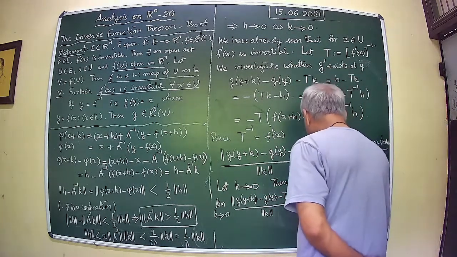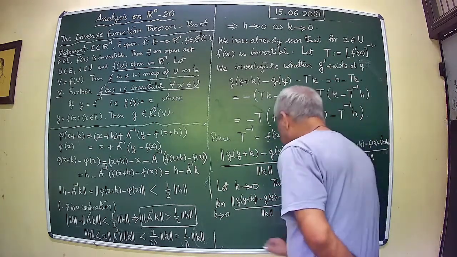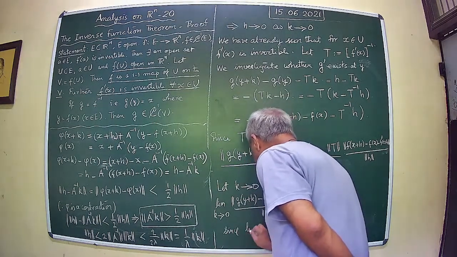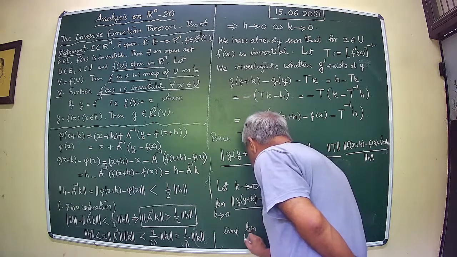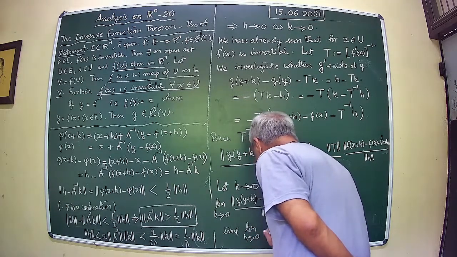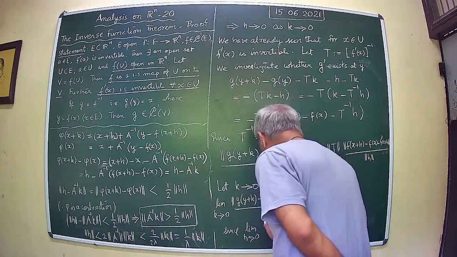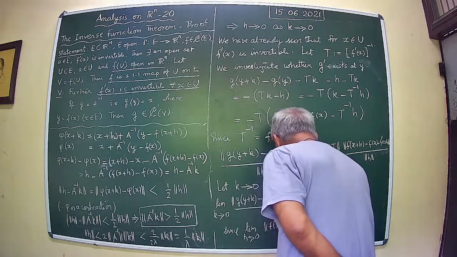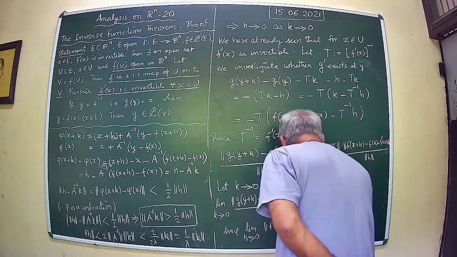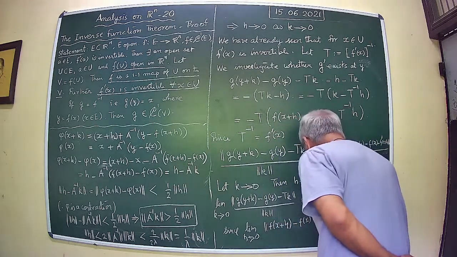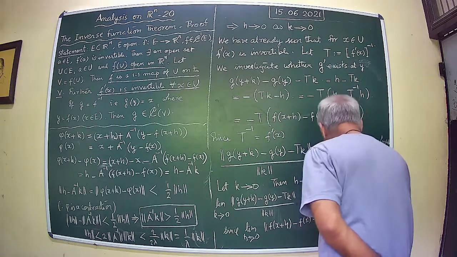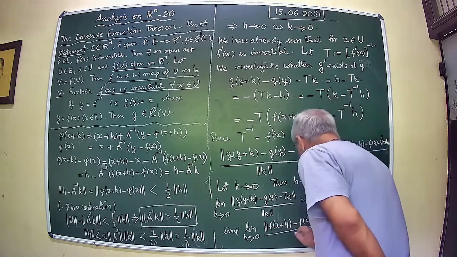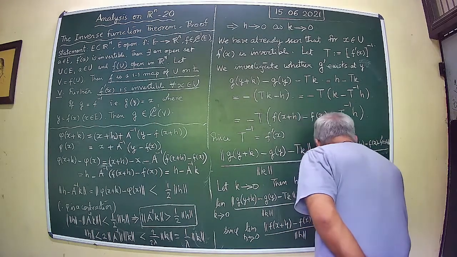So this is equal to 0 since the limit as h tends to 0 of norm of this is equal to 0.